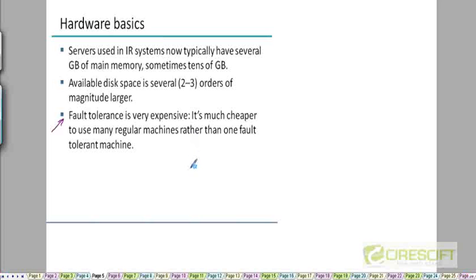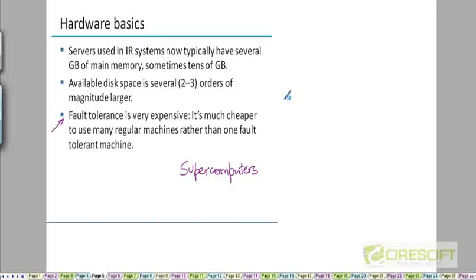There used to be a time about 10 to 15 years ago where people used to talk about supercomputers. These were computers that were very fault tolerant, and they had several processors which could process a large amount of data.